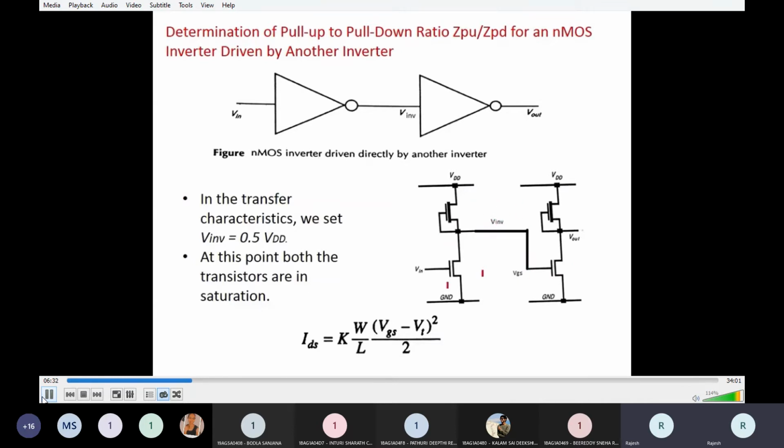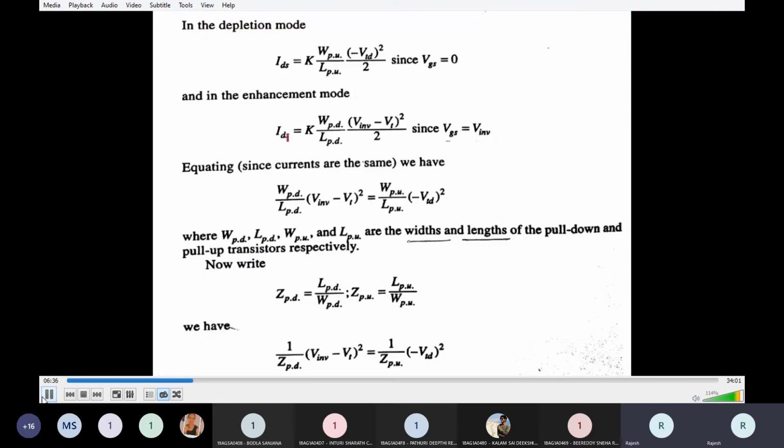That's why VGS is replaced by V invert. So IDS is equal to K into W pull down divided by L pull down into (V invert minus VT) whole square divided by 2. Here it is VT, not VTD, because it is an enhancement mode MOSFET.